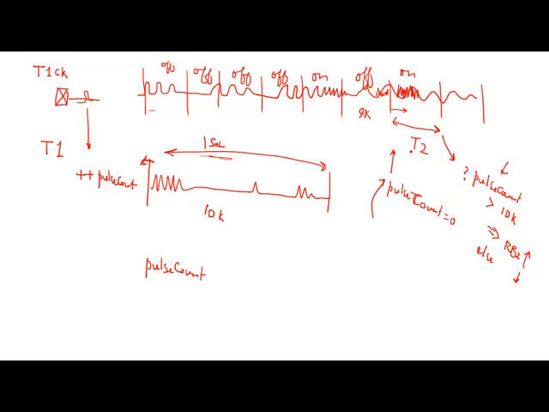So going back to the problem I was mentioning. For T2, you're saying right at the beginning, reset the pulse count. And the beginning, what is the beginning? The beginning is when you enter the T2 interrupt, right?